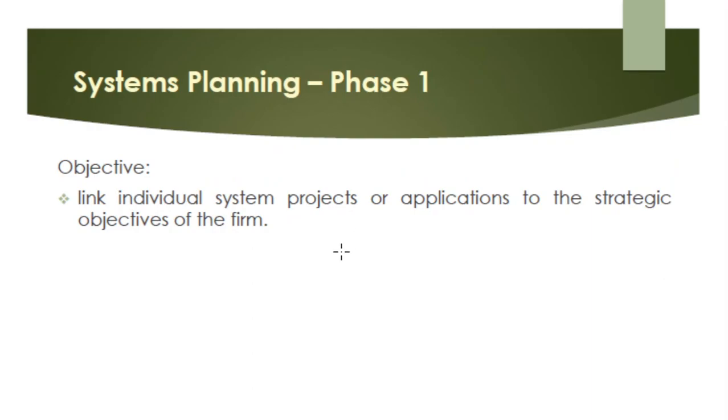So let's start with phase 1, which is your systems planning. So the objective of systems planning is to link individual system projects or applications to the strategic objectives of the firm. So the basis for the systems plan is the organization's business plan, which specifies where the firm plans to go and how it will get there.